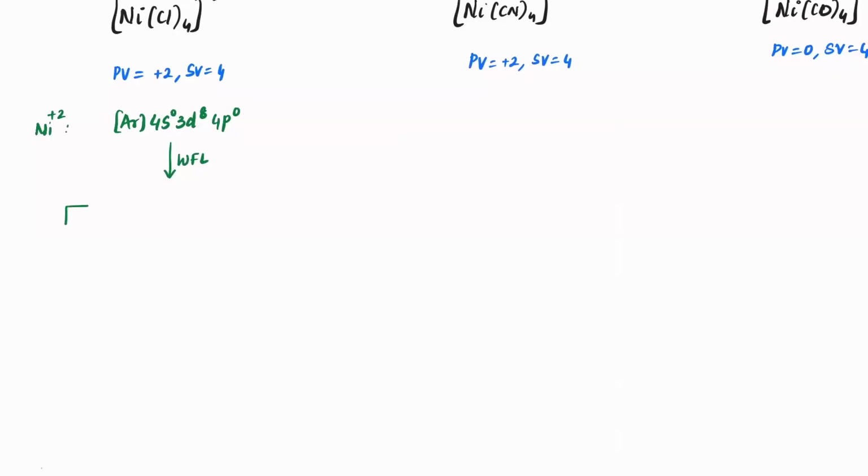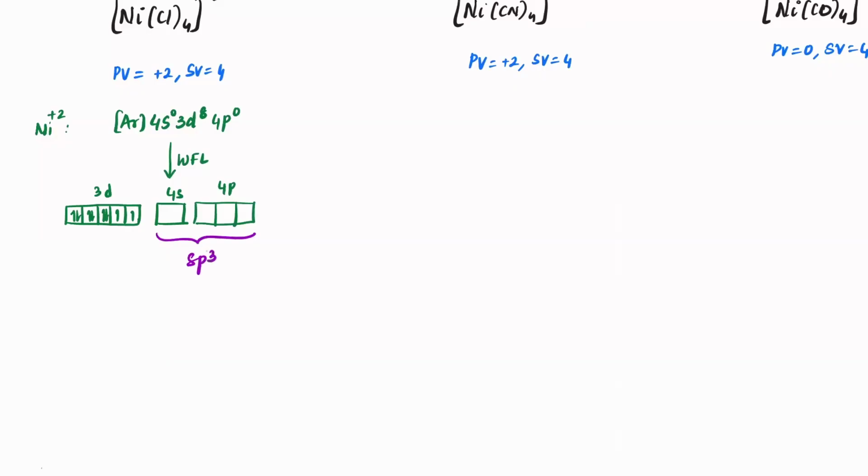So 3d would remain the same, with all 8 electrons placed like this. 4s would remain empty, and 4p is empty as it is.